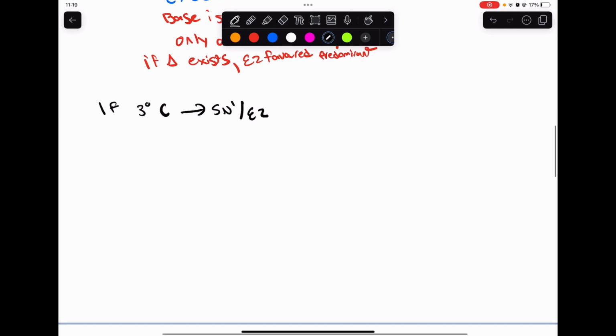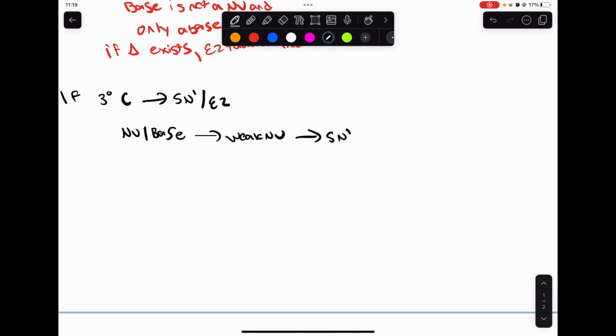So if it's a weak nucleophile, then it's SN1, or E1 if heat exists, as the predominant product.